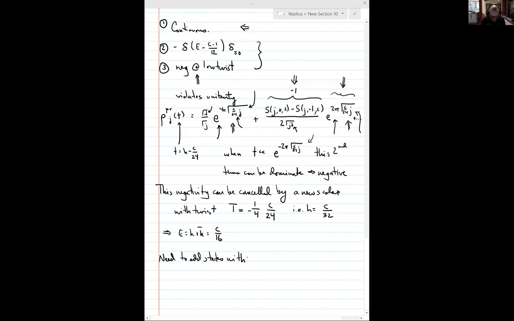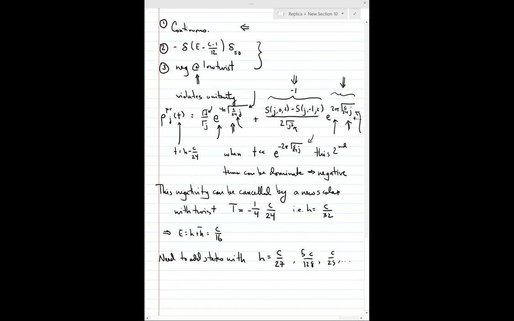So here you started out with one with h equals c over 32. Turns out you also need to add a state with h equals c over 27. And then once you add that, it turns out that you're still not quite done. You need to add another state with dimension 5c over 128. And then another state with dimension c over 25, and so on and so forth.